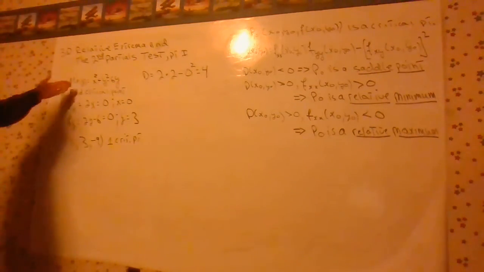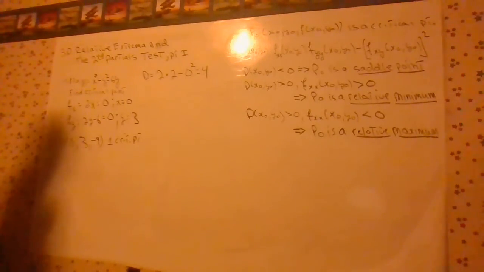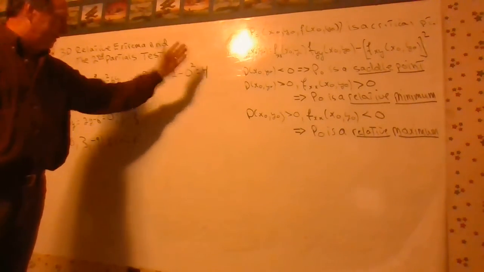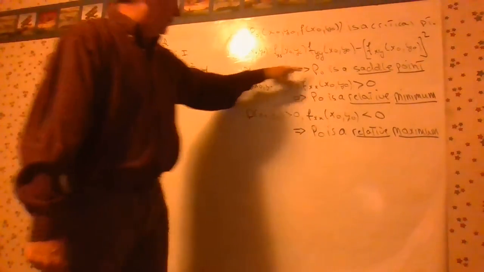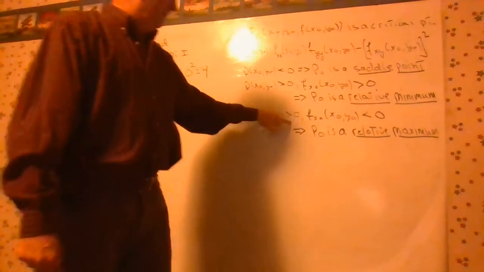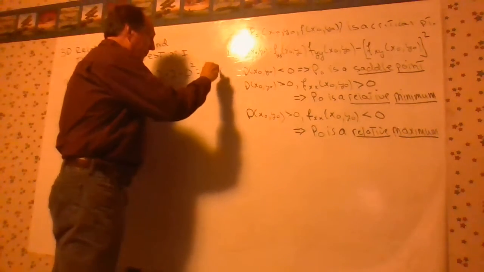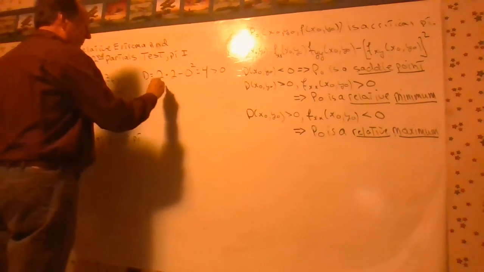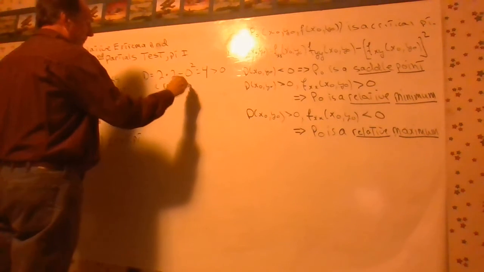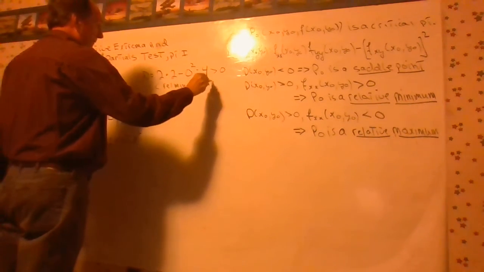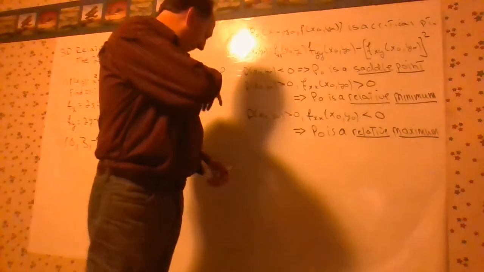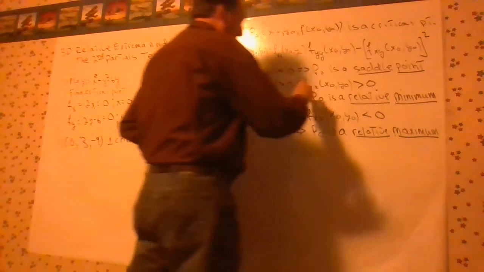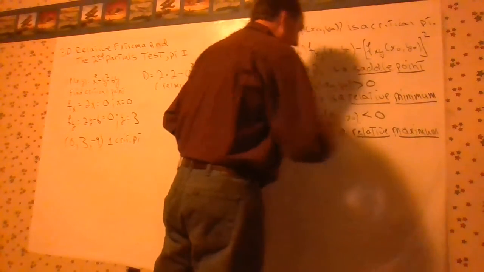If this were a higher degree polynomial function, this would be a function of x and y, but here we get a constant 4. So if we look, less than 0 saddle point, greater than 0, it's either a min or a max. So 4 is greater than 0. At this point, we know it's a relative min or max. So now we need to look at the second x partial, evaluated at that point.